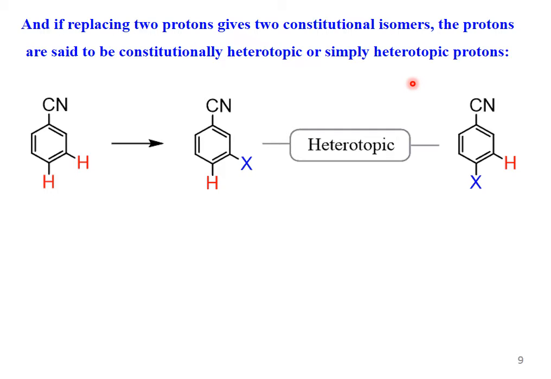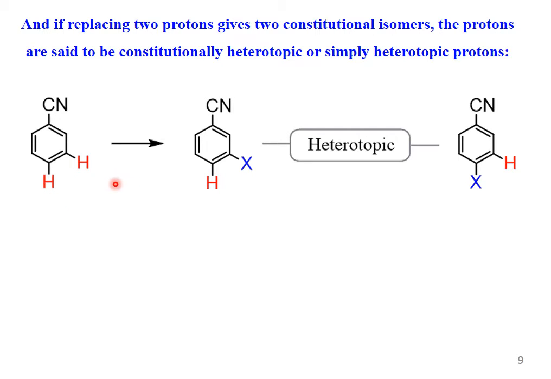Now all the protons in the benzene have magnetically different environments because we get multiplets in NMR. When you replace this proton, you get a meta product, and when you replace this proton, you get a para product.